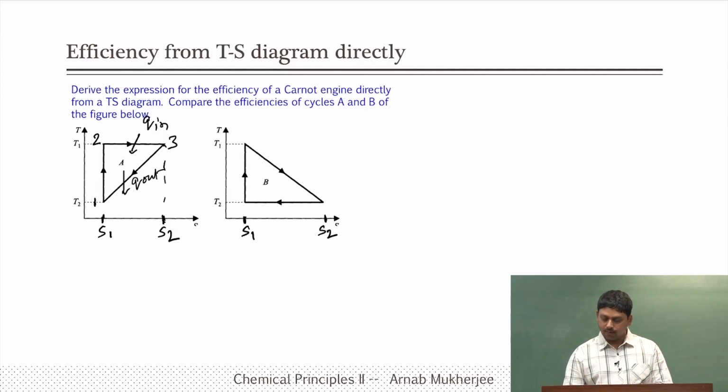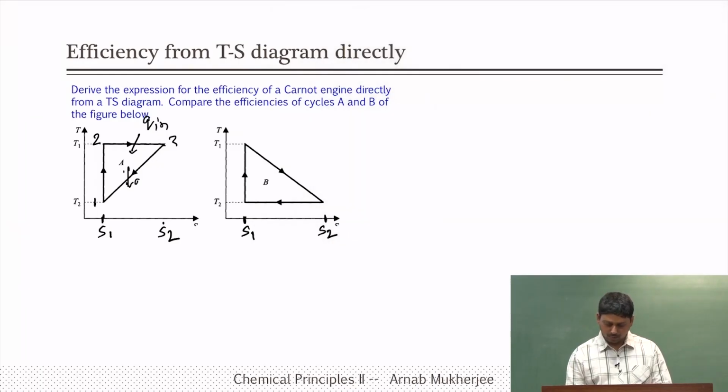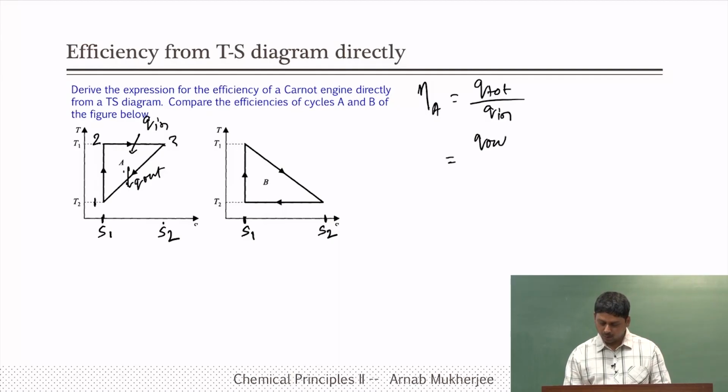Now, how do we calculate the Q out? This is our Q out. How do we calculate the efficiency? The efficiency of engine A we can write again as Q tot by Q in. Q in is the same as it was for the Carnot cycle, which is T1 multiplied by S2 minus S1. But what is Q tot?